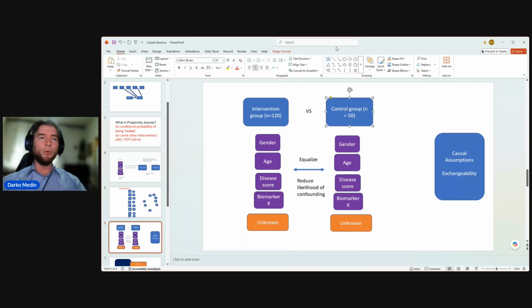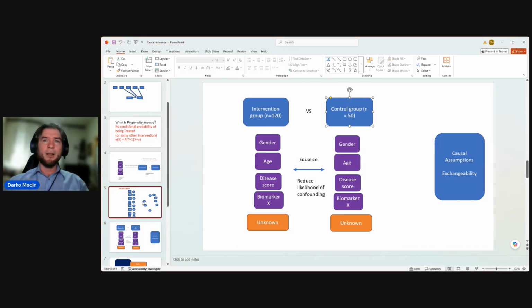But to not stray too much from the topic, first let me check other comments. Yes, so there is a comment from Priyanka. And let's go back to that slide.